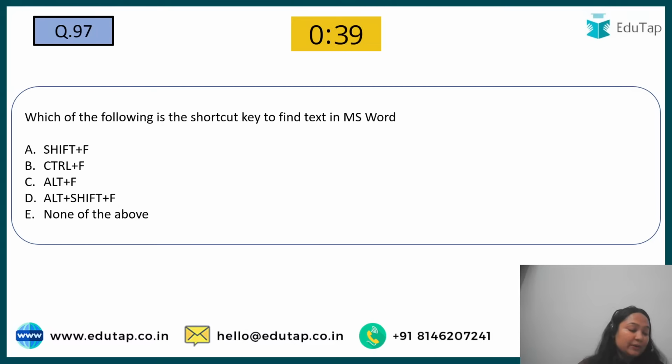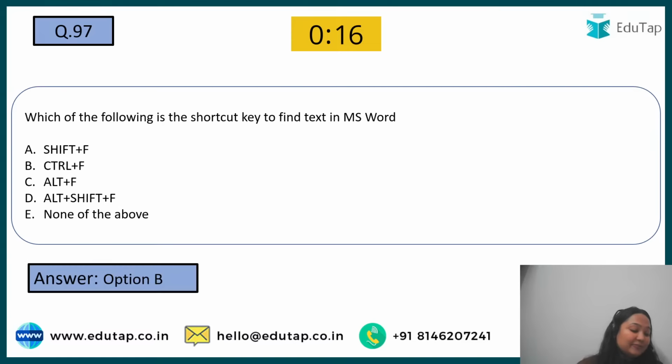I want the responses quickly. We are trying to find things. I am getting a variety of answers. Okay, here the correct answer will be Control F to find things. Find starts with F, so F for find.